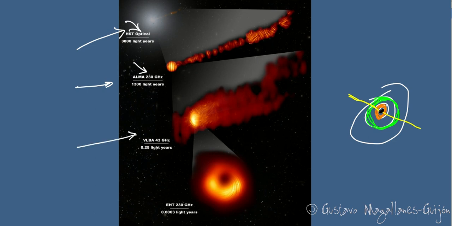The third image was captured by the Very Long Baseline Array at a frequency of 23 GHz. And finally, we have the central image of this object, M87, in the band of 230 GHz.